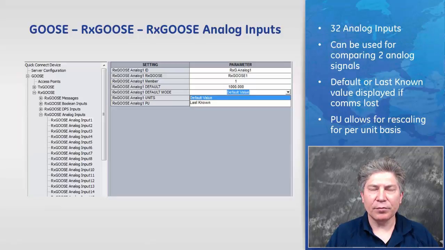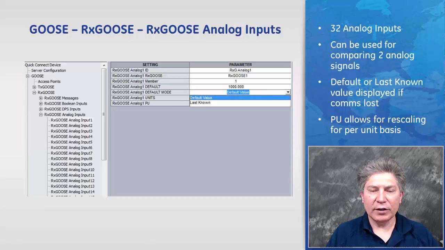Okay, now the default state is when connectivity is lost. This is the value that it shows. So in this case, we're looking at a value of 1000. In the default mode, once again, this is used when connectivity is lost as well, and we have a choice of which value to display, whether we want the default value or the last known.